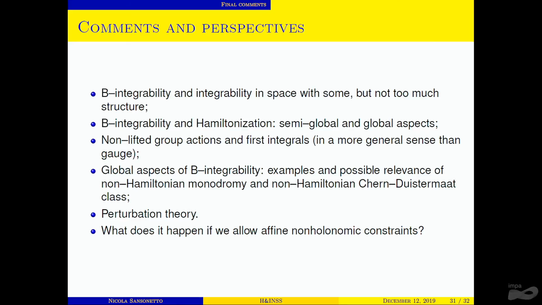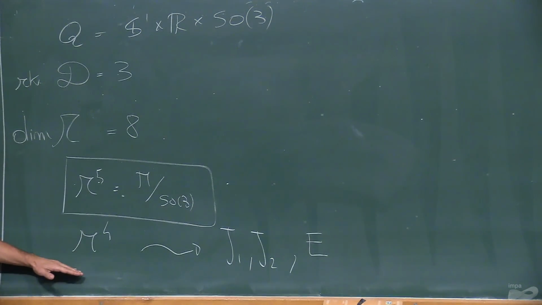The other thing that is of interest is what happens to the global aspects of the fibration in tori given by this Bogoyavlensky approach to integrability. And the final one is something that I think is really complicated, and it is what about Hamiltonization, not for a rank 2 Poisson structure, but with something bigger.